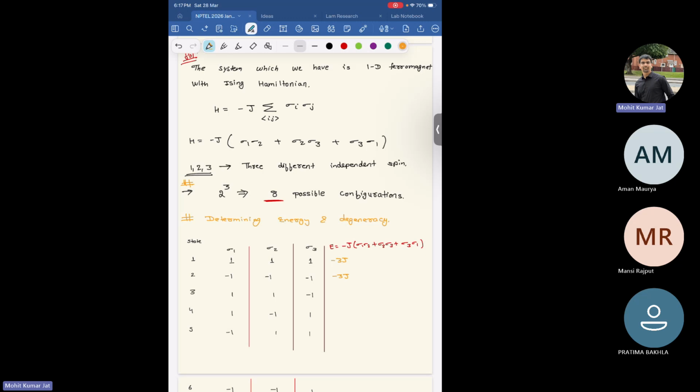If first and second are positive, so let's write minus J, sigma 1 sigma 2 will be plus 1, sigma 2 sigma 3 will be minus 1, sigma 3 sigma 1 will be minus 1. So this will be plus J. Similarly for this one also it will be plus J. For this one also it will be plus J.